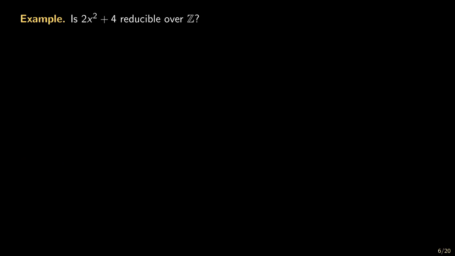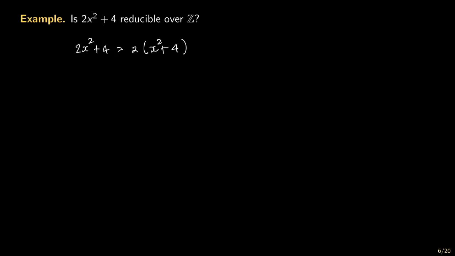Over Z. Right. This time, Z is not a field. So remember, the reducibility condition for a field may not hold for Z because Z is not a field. Question: is 2x squared plus 4 reducible over Z? Notice that I could express 2x squared plus 4 as 2 times x squared plus 4.